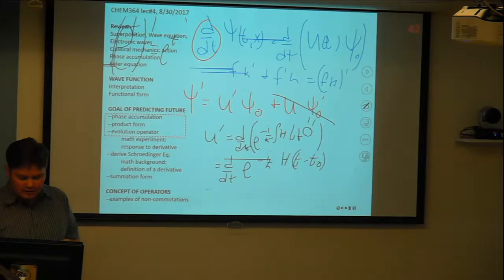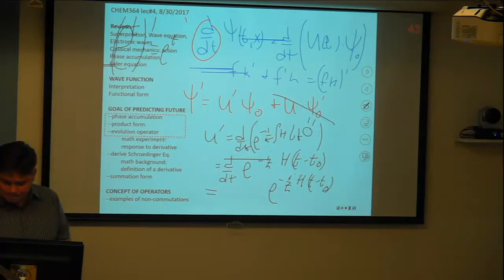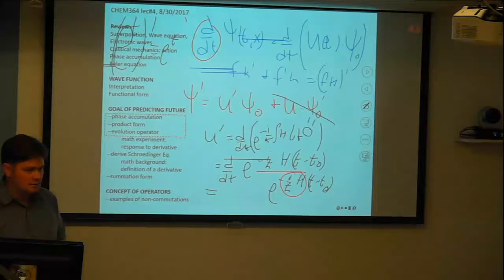So what should I write here? We will get the same e to the power minus i over h bar H times (t minus t0), and as a price for taking the derivative, we have this factor popping up in front of the result.